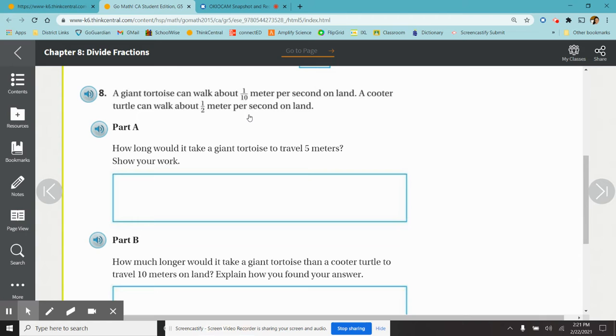It would take 50 seconds to travel that distance. And you have to show your work. Okay, so I'm just going to do it on my graph paper, and then you can do it on your workbook page. However you're following along, I just want to check the explanation to make sure I direct you in the right way.